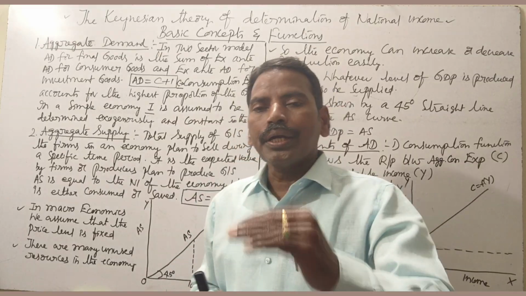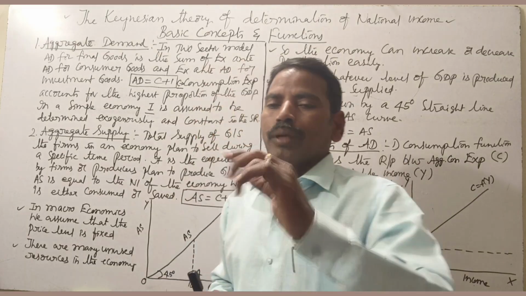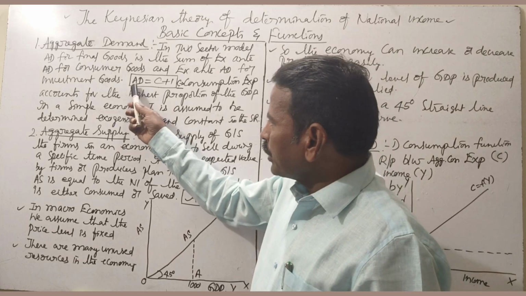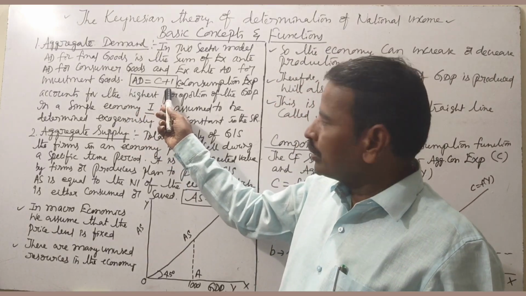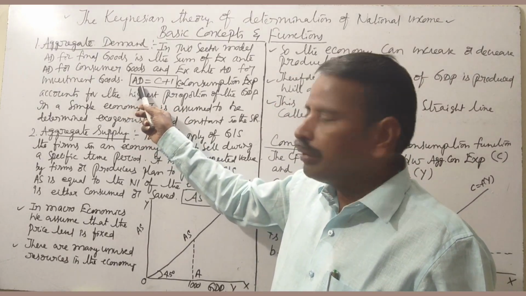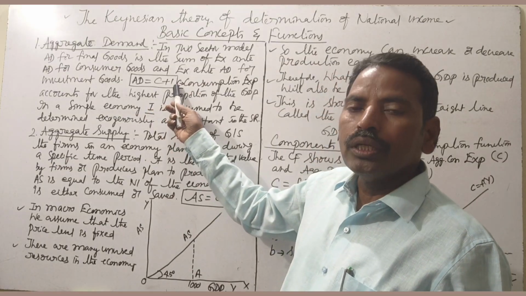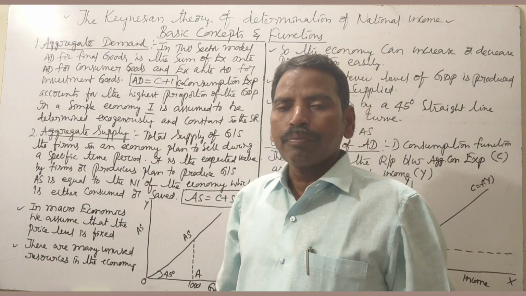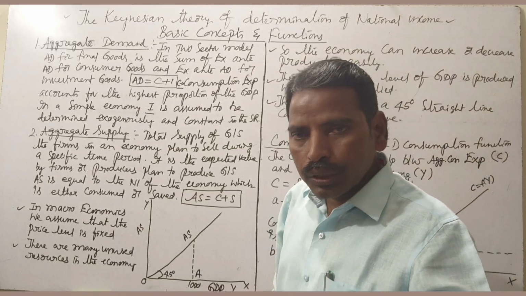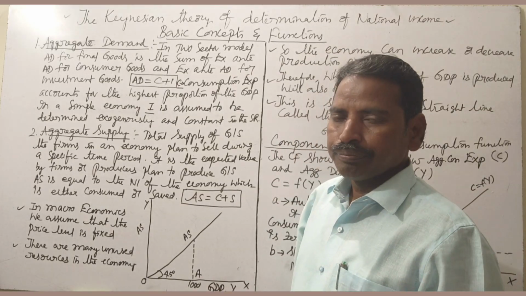Therefore, aggregate demand is equal to C plus I. AD means aggregate demand, C means consumption expenditure, I means investment expenditure.